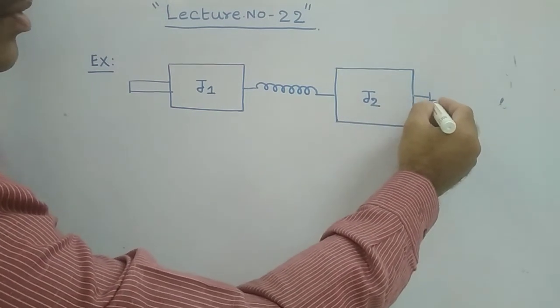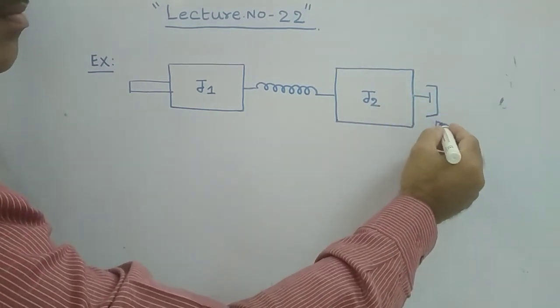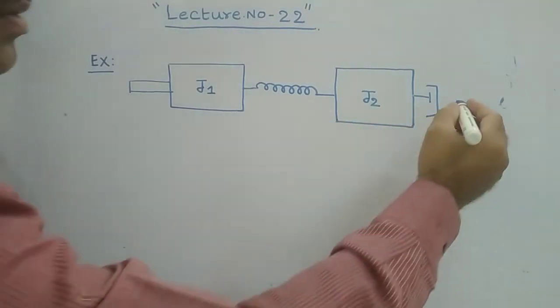Here you have one dash pot element B, connected to some reference.